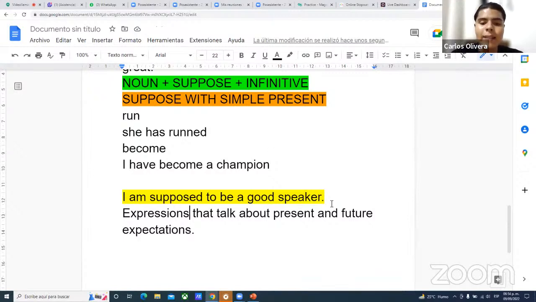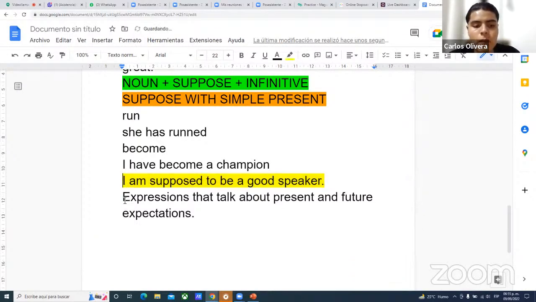That when you see a sentence in a present mood with supposed, this is talking about an expectation that talked about present and future expectations, expectativas de ahora y del futuro, not about expectations of the past, but expectations, expectativas, how things should be now and in the future. Okay, that is the difference I want you to understand here.